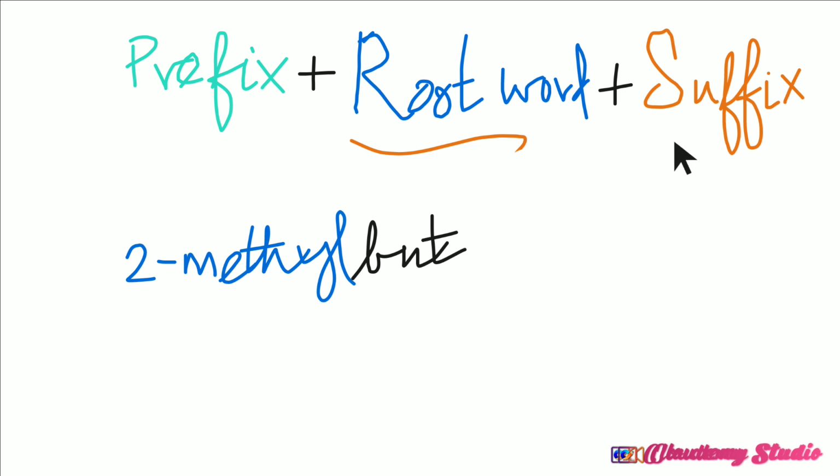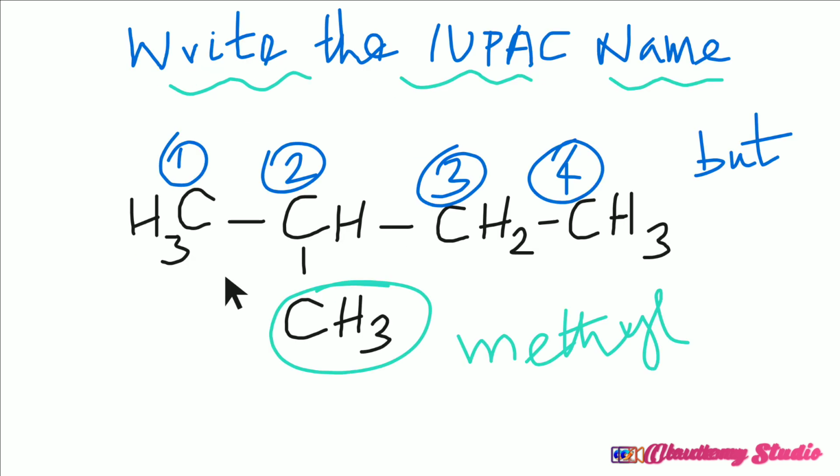The next one is the suffix. The suffix is the end part of the name. The suffix in this hydrocarbon denotes the type of the bond present between the carbon atoms. So in this hydrocarbon, what kind of bond is present? Here a single bond, single bond, single bond, single bond.